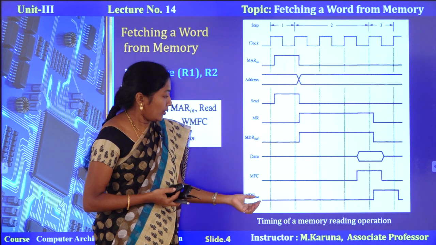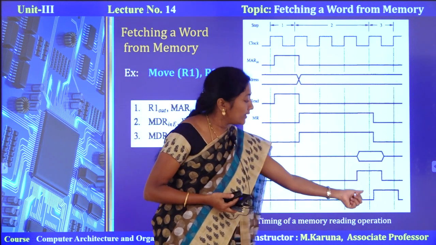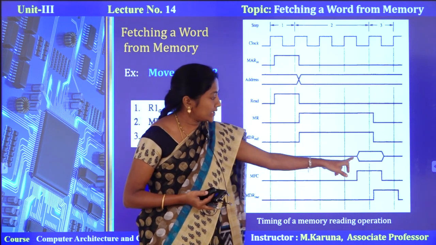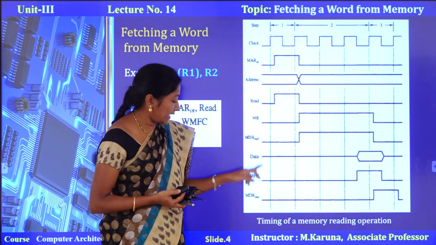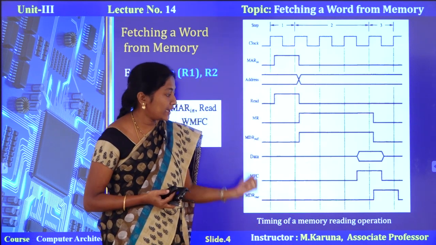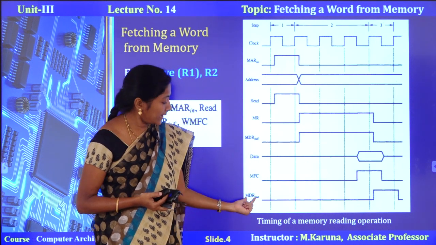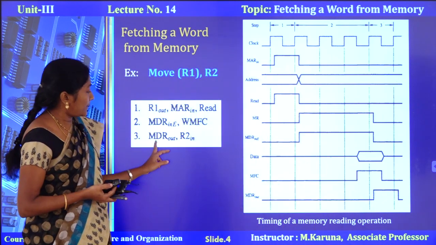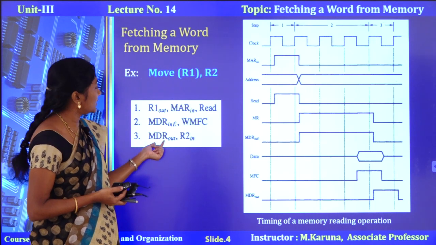Now that data is transferred from the data bus to the MDR register. Then the processor collects the data from the MDR register by making MDR out equal to 1. In the third step, MDR out and R2 in are equal to 1, so MDR out is high in the third step.